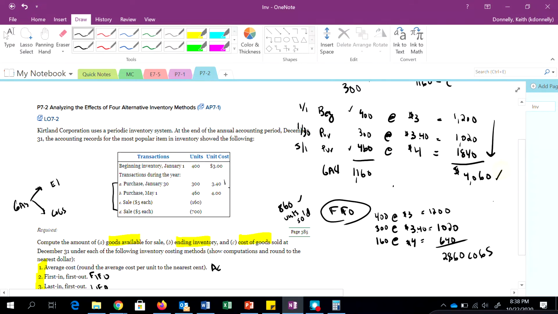Or alternatively, we could say, hey, 4060 minus cost of goods sold, our ending inventory is going to be 1,200. So that's FIFO.